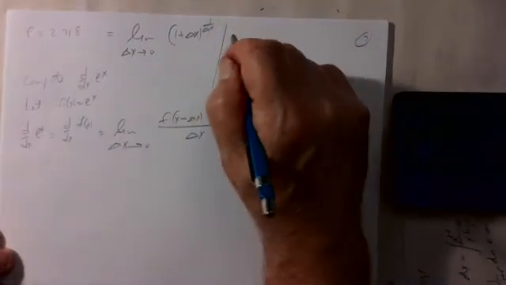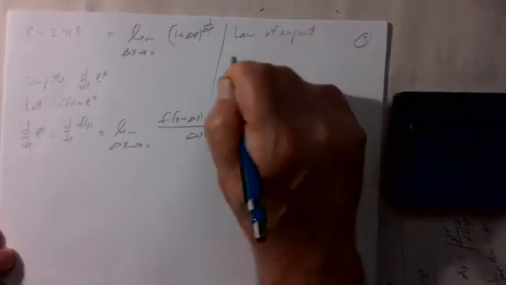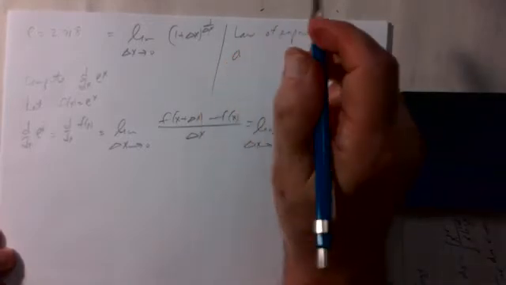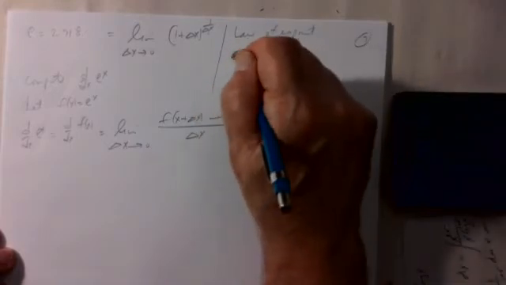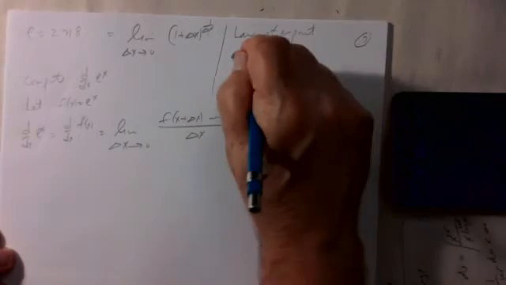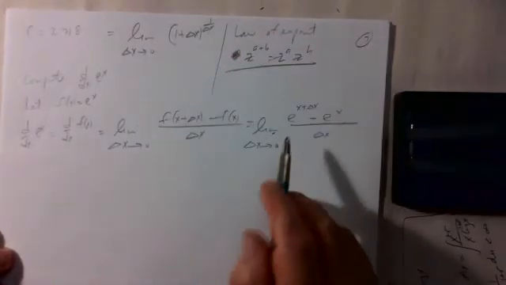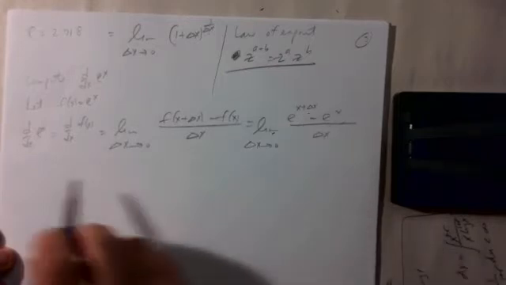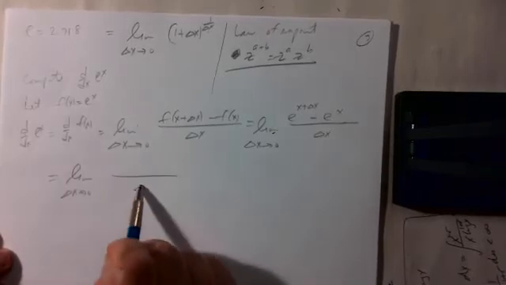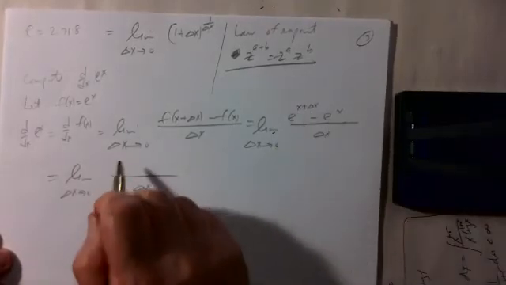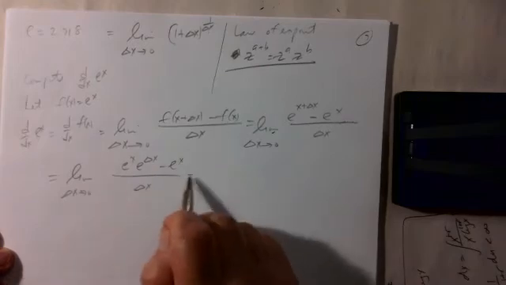And you remember the laws of exponents. If you have any number, let's say z, to the power a plus b, that's z to the a times z to the b. And here I have e to a sum of powers. So this is the limit as delta x goes to 0 of e to the x times e to the delta x, minus e to the x.